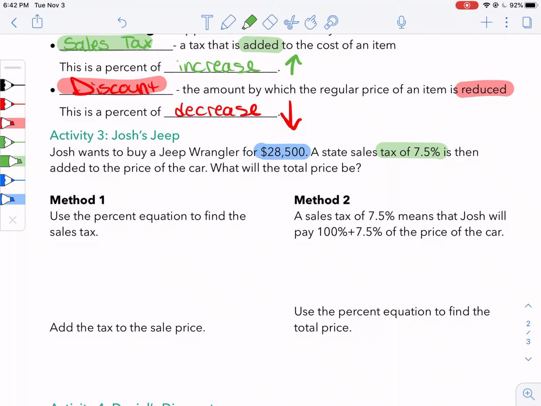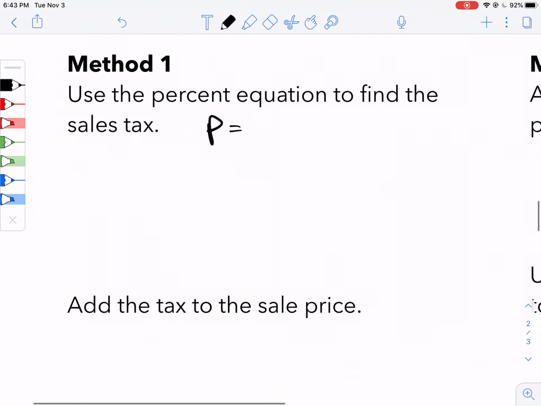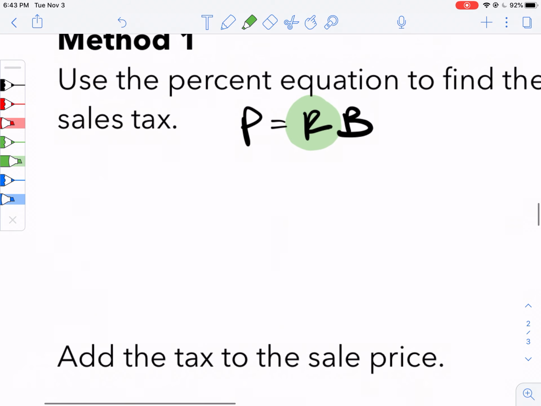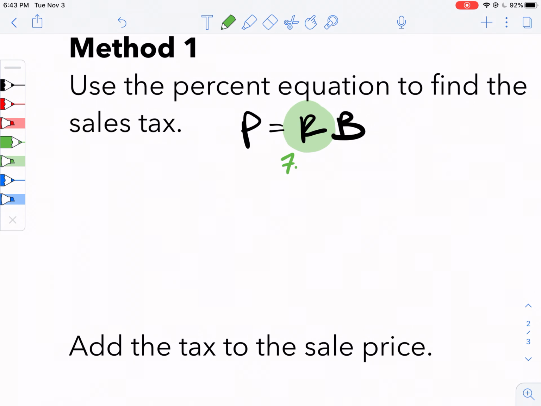Well, let's use our percent equation. We know that our percentage is equal to our rate times our base. And here we're increasing by 7.5%, so we have a 7.5% rate.